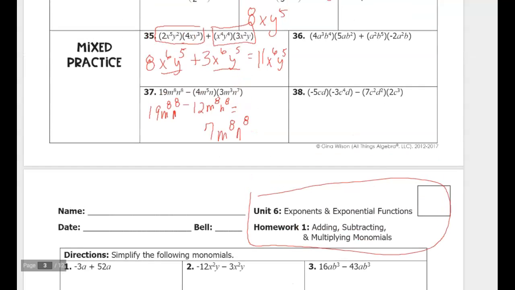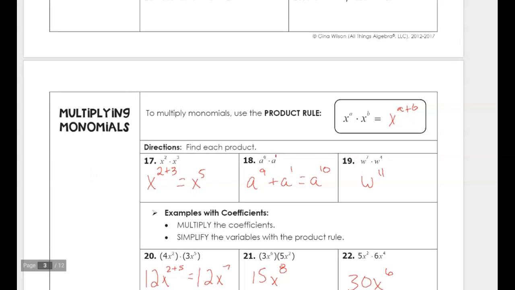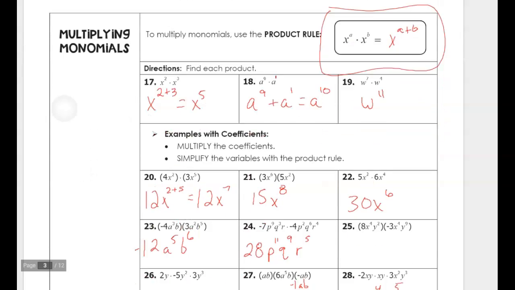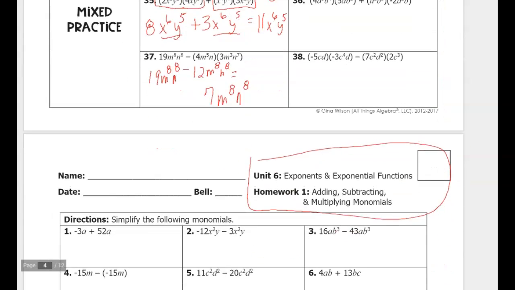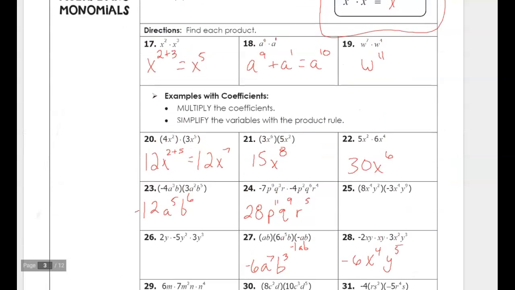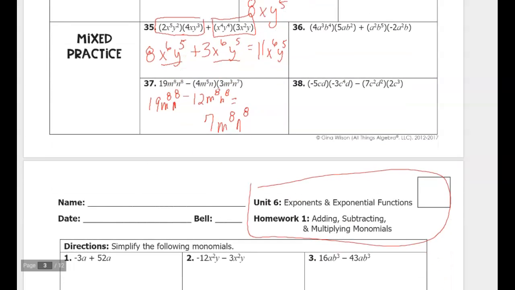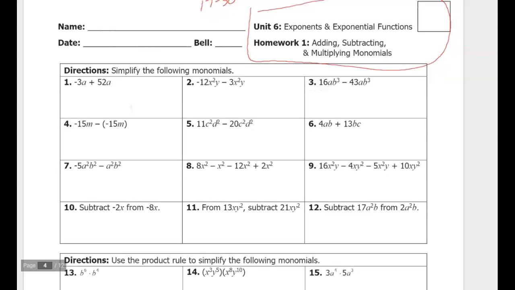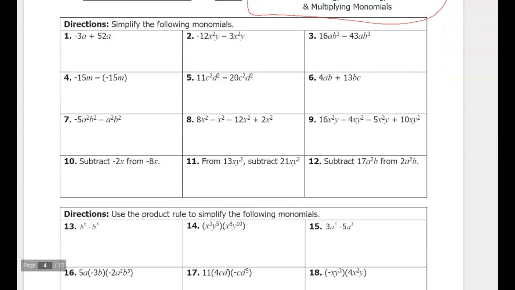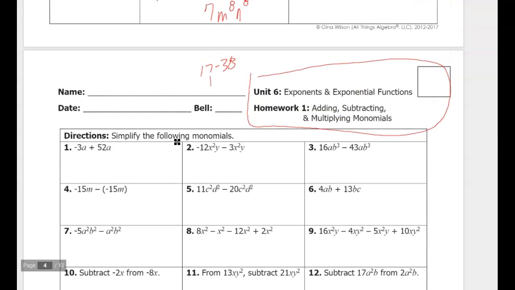You're doing all of this, and you are finishing this page as well. So there's 2 pages that you're doing today. Make sure you're doing the right ones, but the one page is labeled 17 to 38. And then the other page is labeled 1 to 25 on Unit 6, Homework 1.